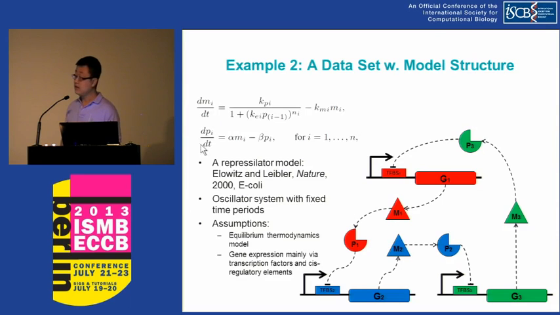The speed of the change for protein i depends on the translation of its own mRNA minus the self-degradation of this protein. Here we have been assuming the equilibrium thermodynamic models, and also we assume the gene expression is done through the transcription factor and cis regulatory elements.